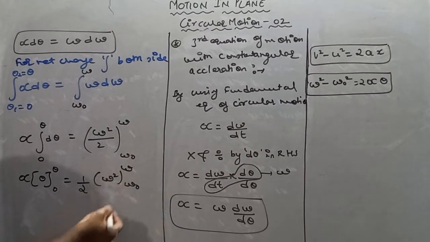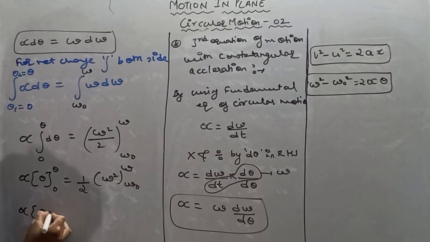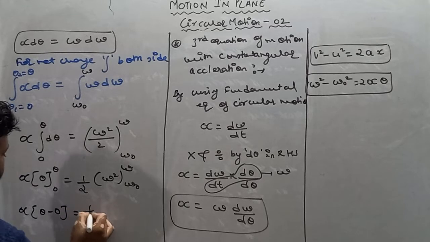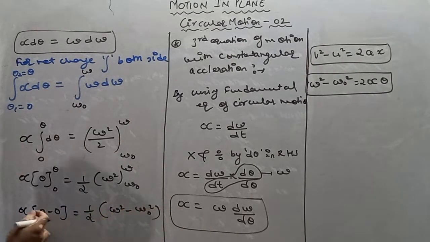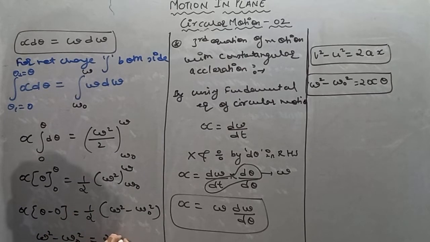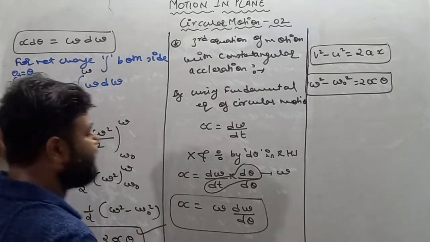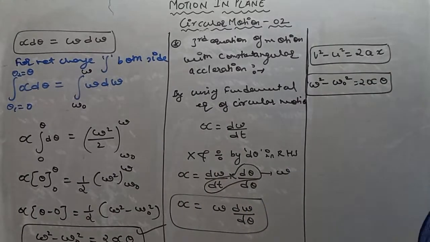Now we put the limits, upper limit minus lower limit. So we get alpha theta minus 0 is equal to half of omega square minus omega naught square. The 2 comes to this side, so omega square minus omega naught square is equal to 2 alpha theta. This is our third equation of motion with constant angular acceleration.